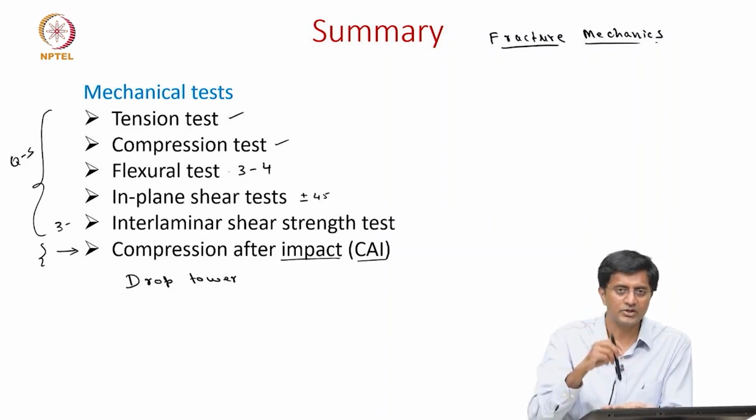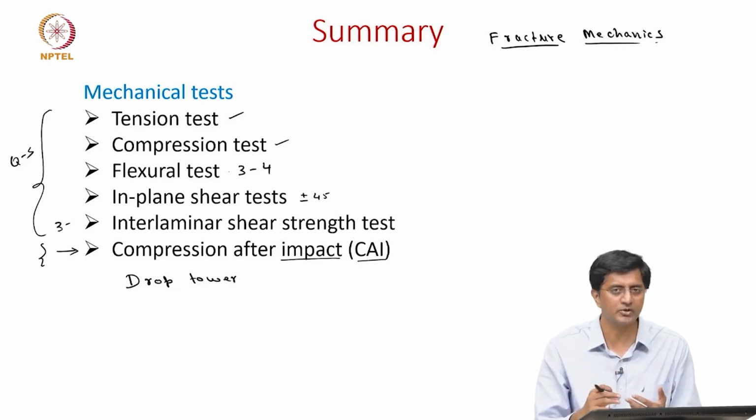The velocity of this impact and the mass of the impactor will tell you the energy at which the impact is occurring. And using these drop tower tests, one can see the resistance of this panel for absorbing the energy or resisting damage for impact loads. Okay, thank you.